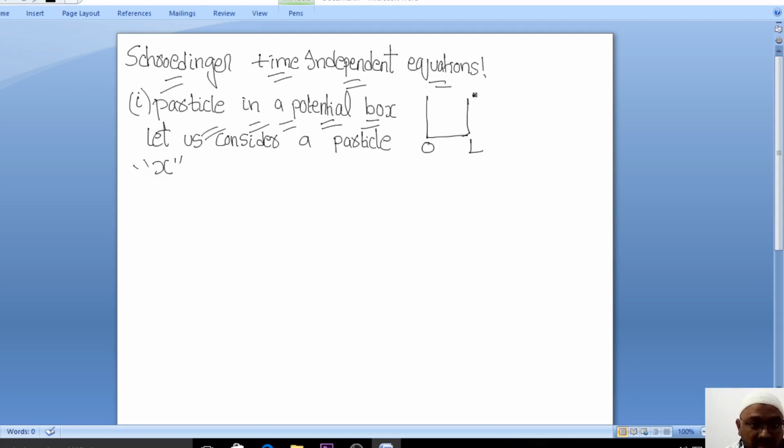the height of this potential box is infinity. We are just writing it as infinity. So this is called the infinite square well.